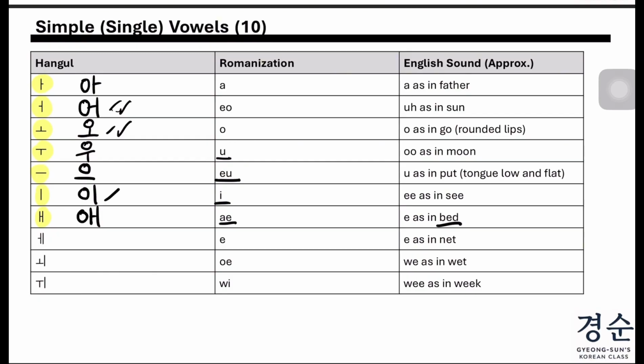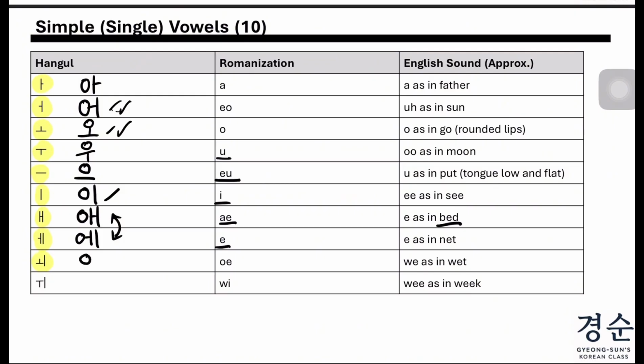Okay, A. And the next one we have E, as in net. Combining with ear, A. Okay, it's very similar. The sound is very similar. And this one, our OE, is we as in wet, right?